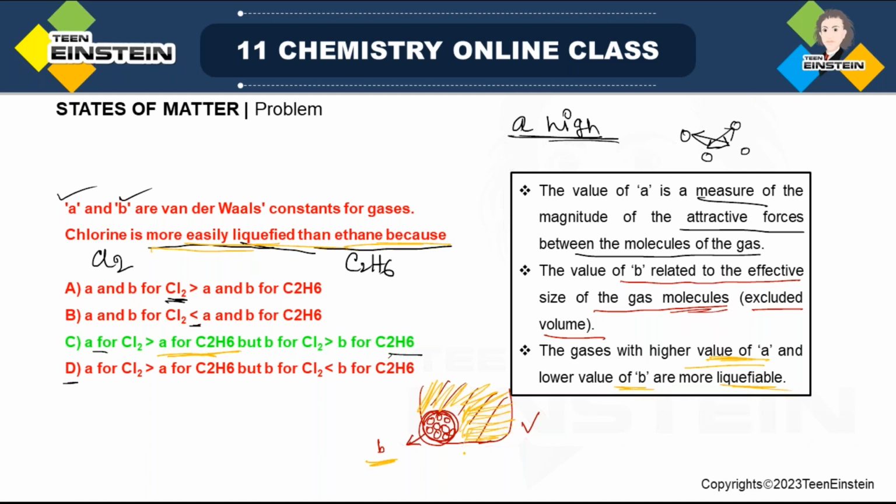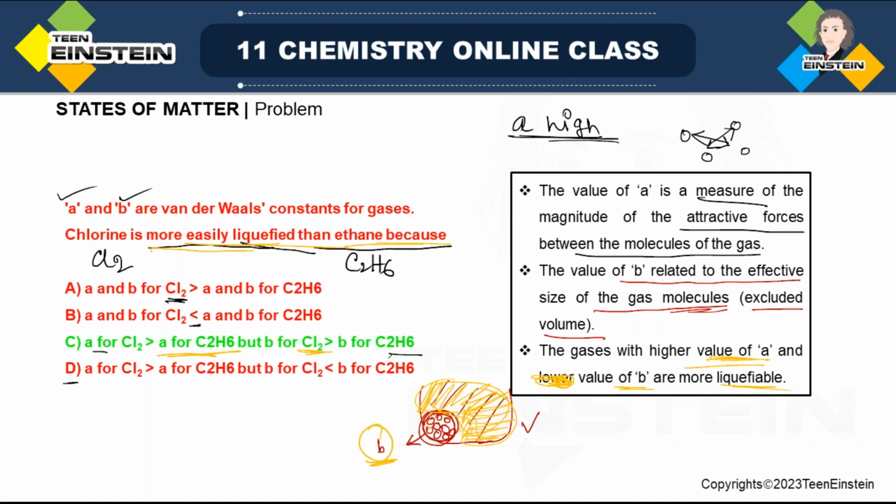And when space availability is very less, that means when the B value for chlorine is very high, that means this available volume is very less. Now available volume less means what? You can easily bring them close to each other. Sorry, it will be high. It is not lower. Actually, when A is high, then liquefaction will be easier. When B is high, then also liquefaction will be easier.